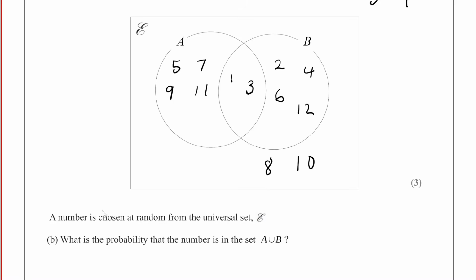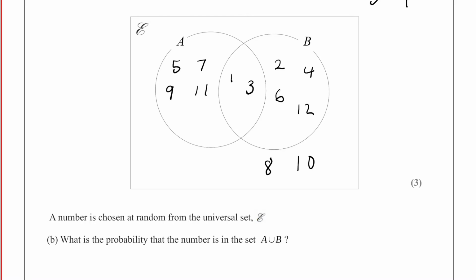A number is chosen at random from the universal set. What is the probability the number is in the set of the union of A and B? So if it was the intersection, you might see the intersection of A and B. That would be the middle bit. So that would be 2 numbers in the intersection. The union is within the circles, so just not the bit on the outside.